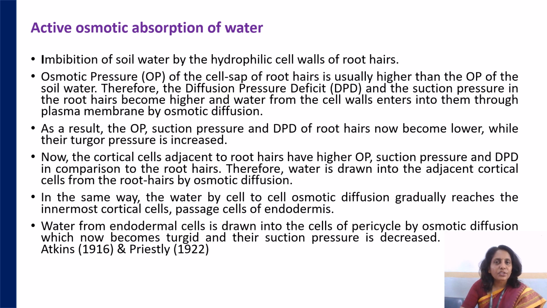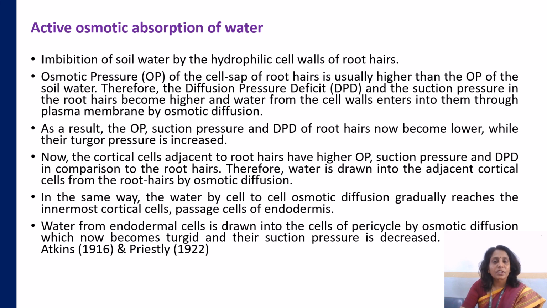When water enters the root hair, the osmotic pressure, the suction pressure, and the diffusion pressure deficit of the root hairs now become lower, while the turgor pressure is increased. The cortical cells lying adjacent to the root hairs comparatively have a higher osmotic pressure, suction pressure, and diffusion pressure deficit in comparison to the root hair.